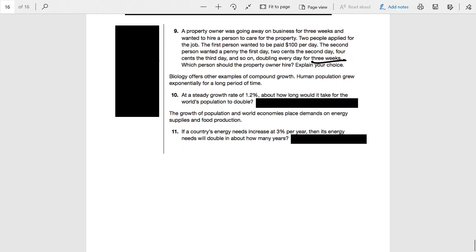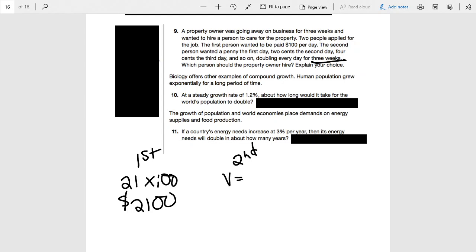Well, let's put it into perspective. For the first person, for the 21 days, they want $100 per day. So they would get $2,100 by the end of it. The second person starts out, and we'll just go ahead and make a formula for this. We'll say that our value starts with 1 penny, so 0.01, and it doubles every day. So we would put a 2 right here. It's like a 100% increase.